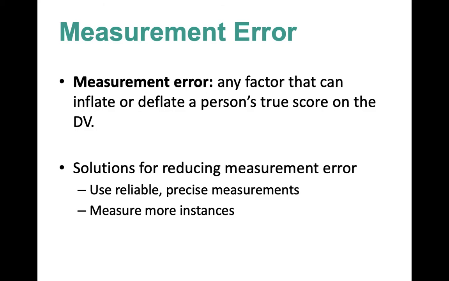Okay, so different kinds of not stable but kind of random or haphazard influences might cause people to mark an answer that is artificially high or low, or report behaviors that are artificially more or less. So things like that would be measurement errors.